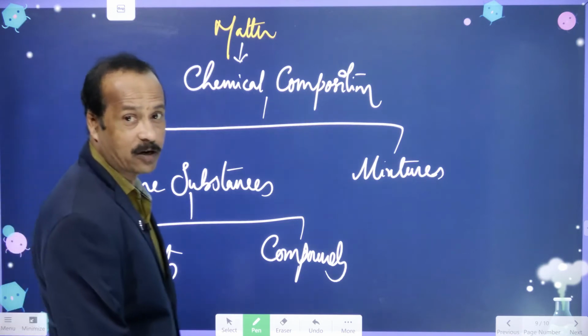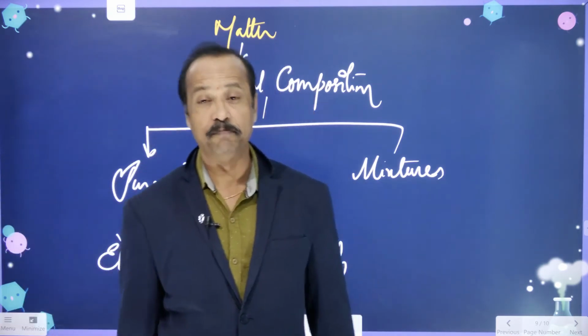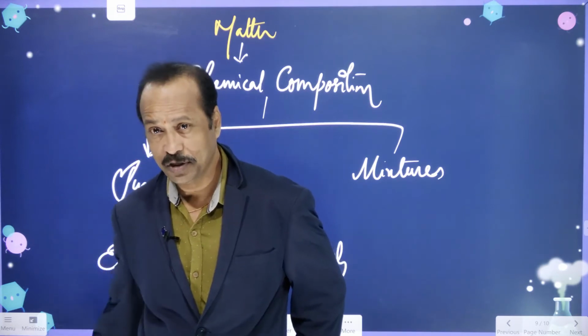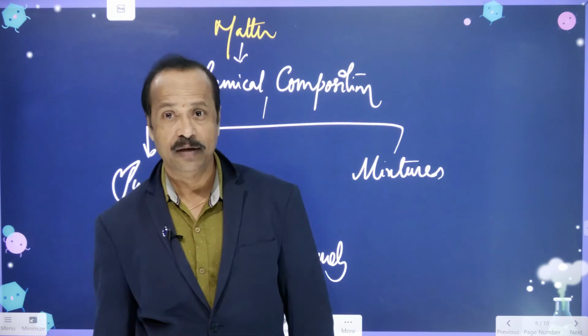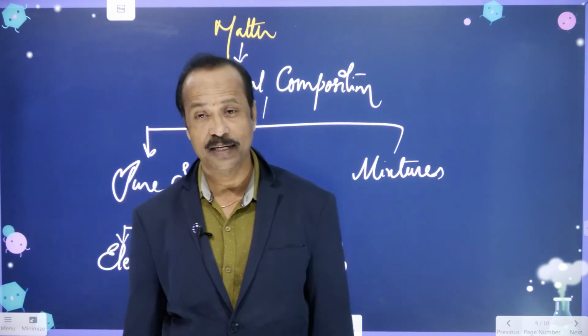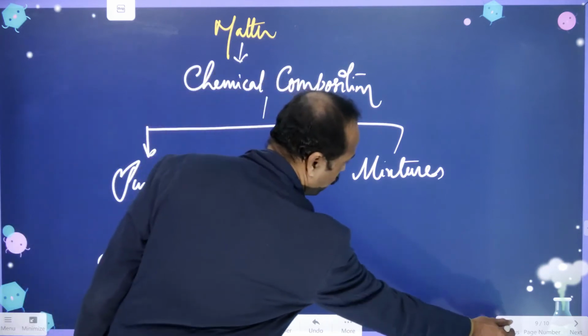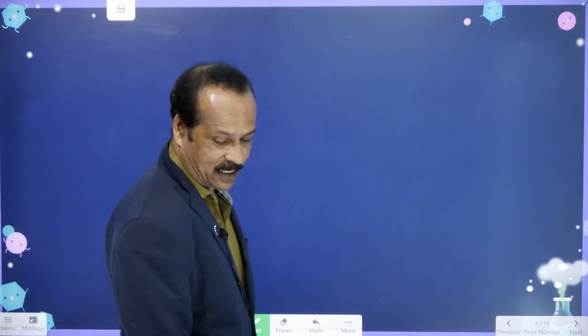Why elements and compounds? Because these are some basics, and this is most important. First you should know this, so that you can understand mixtures easily. Now students, let us see the elements.